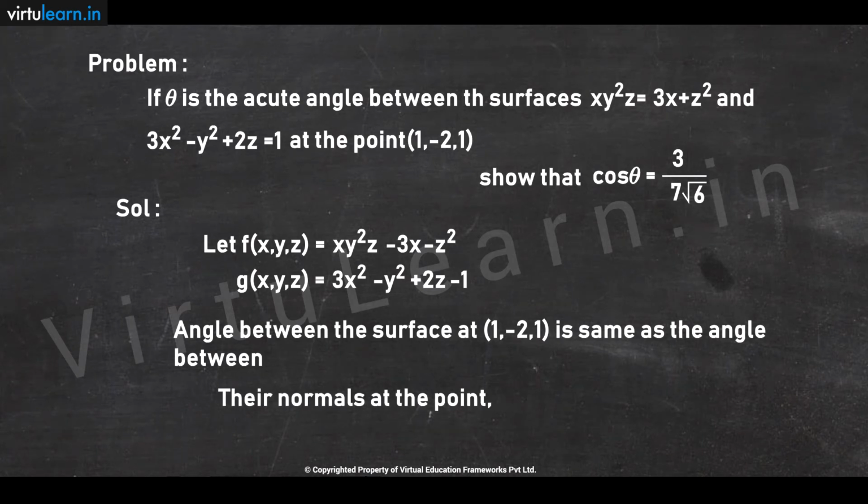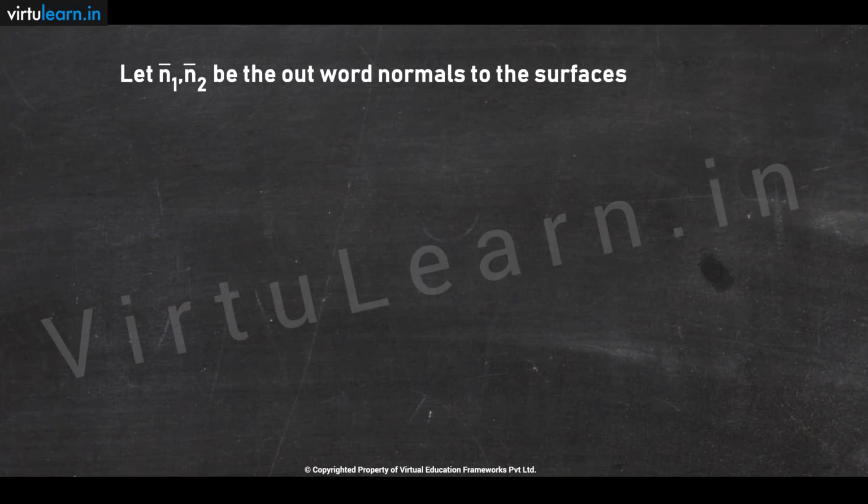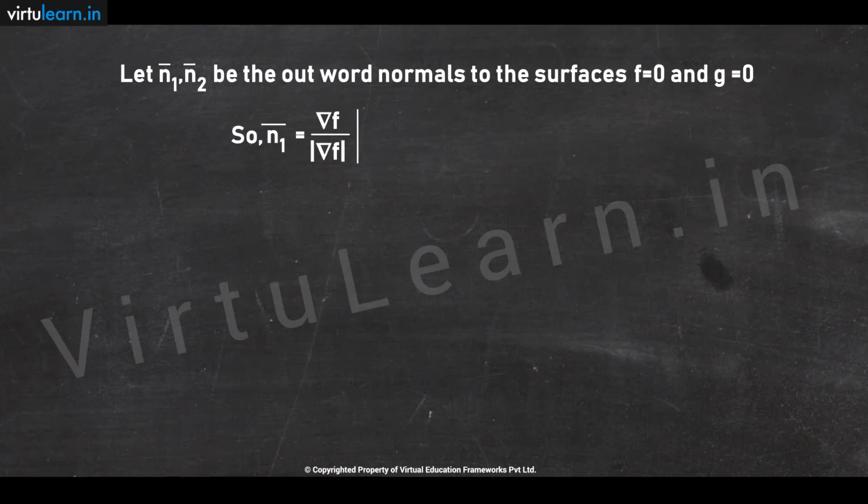Let n1 bar, n2 bar be the unit outward normals to the two given surfaces F is equal to constant and G is equal to constant. So n1 bar will be gradient of F divided by magnitude of gradient of F evaluated at the point 1, minus 2, 1. N2 bar is gradient of G divided by magnitude of gradient of G evaluated at 1, minus 2, 1.